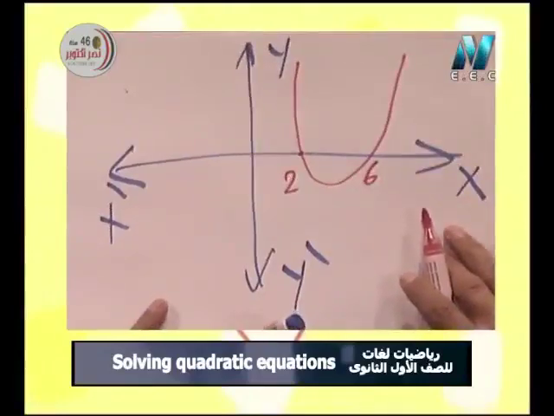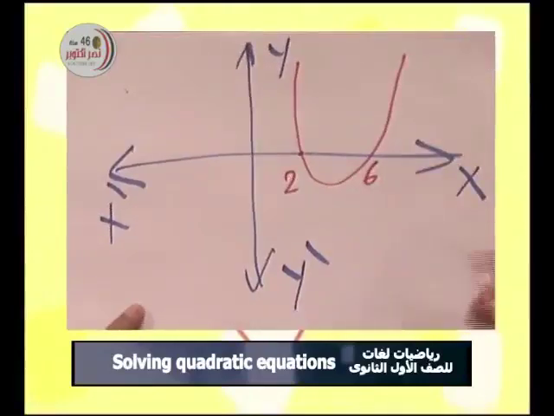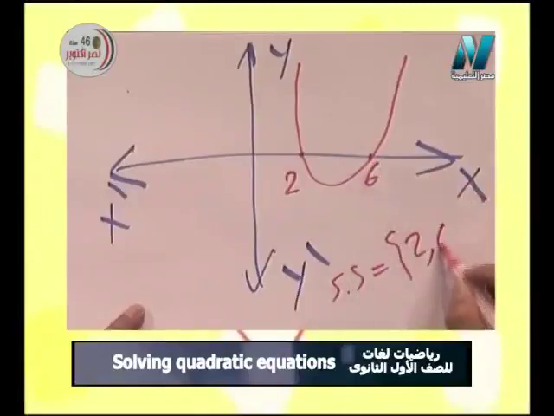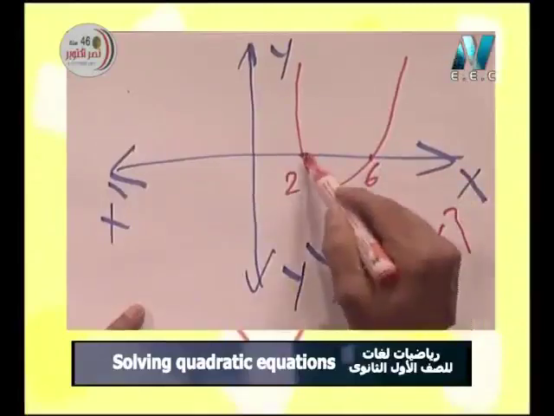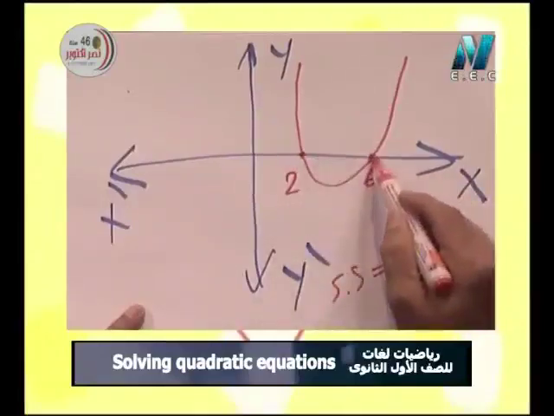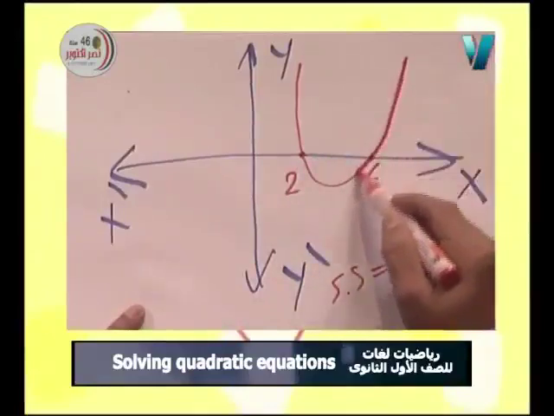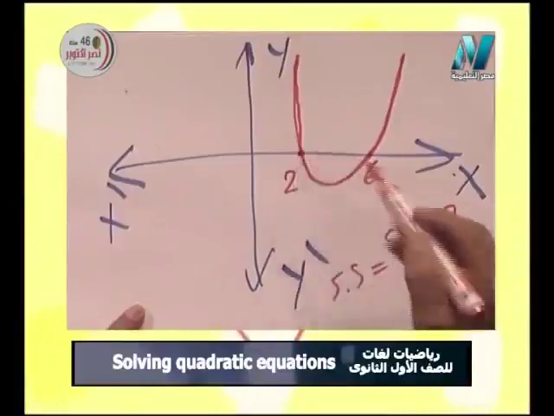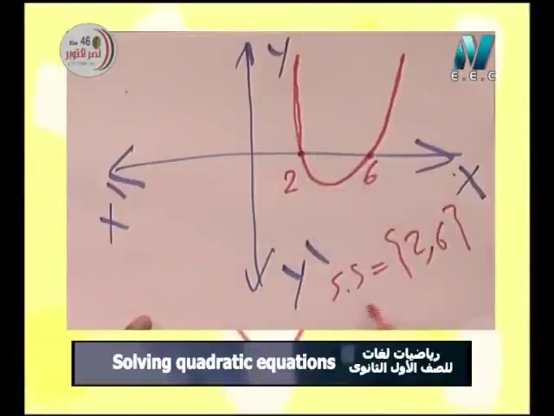What is the solution set? Yes, I am hearing you. The solution set equals 2 and 6. Why 2 and 6? Because the parabola here cuts the x-axis at 2 and 6. So the solution set in R will be 2 and 6.